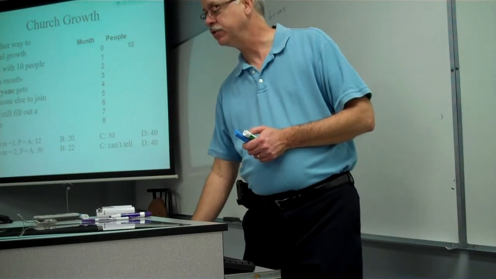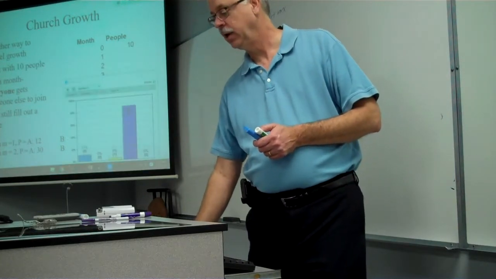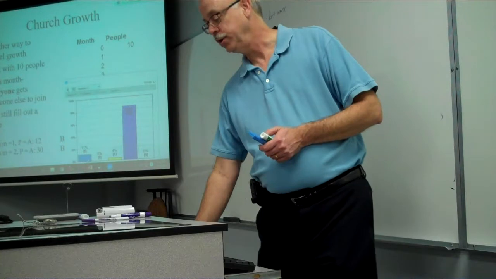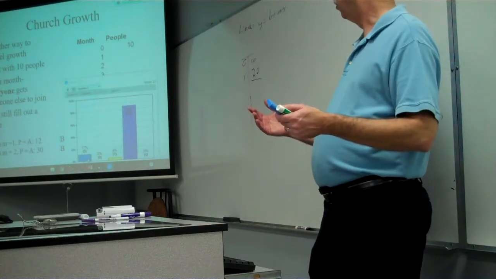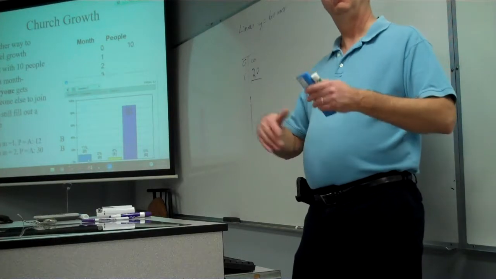And here's where the difference comes in on how we think about this, because a couple of people said 30. We added 10 the first month, we'll add another 10. Well, if we keep adding the same amount, that's linear.